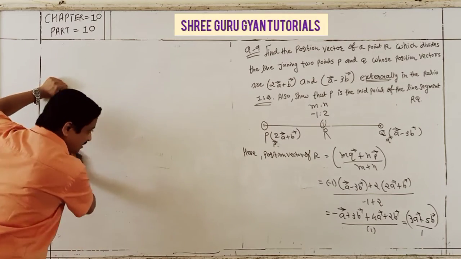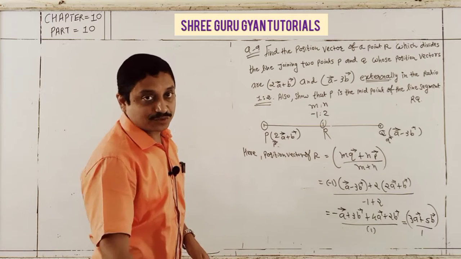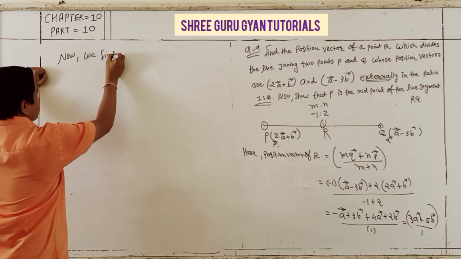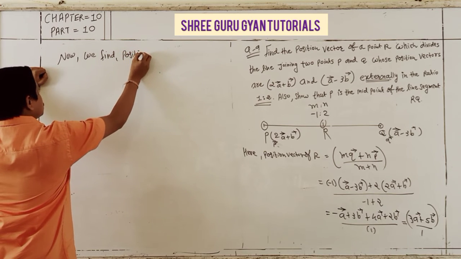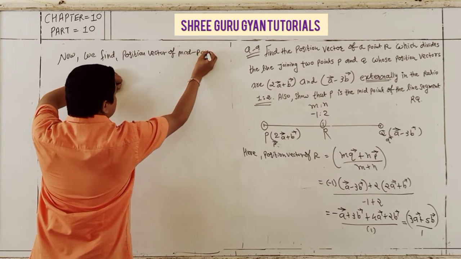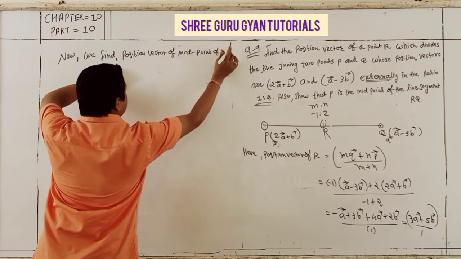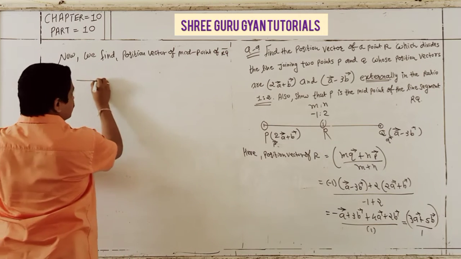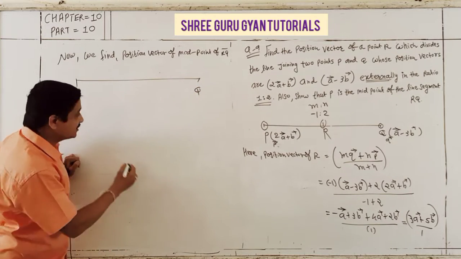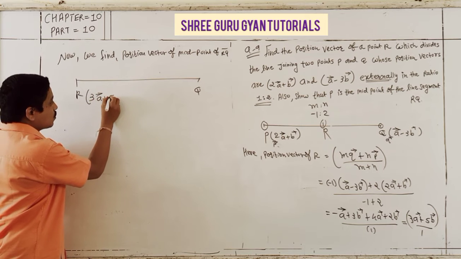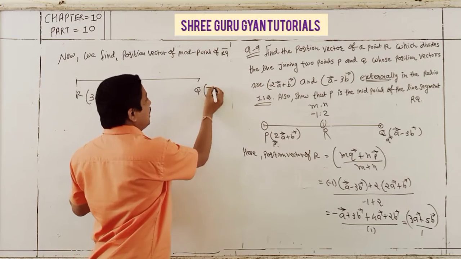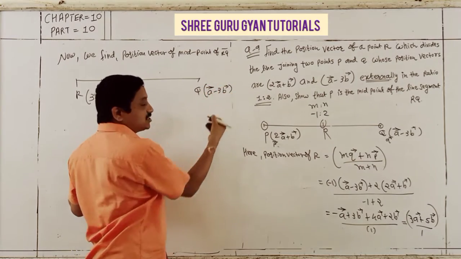So very easy. Here we use the position vector of R also. Now we find the position vector of the midpoint of segment RQ. So students, you can plot first R to Q. R is known, that's 3a plus 5b, and Q is also known, a minus 3b, and you will check the midpoint here.